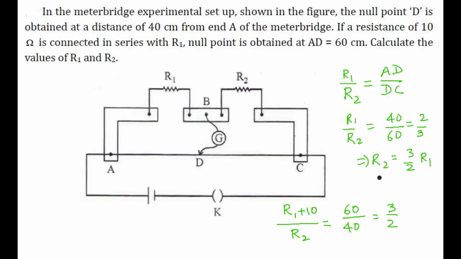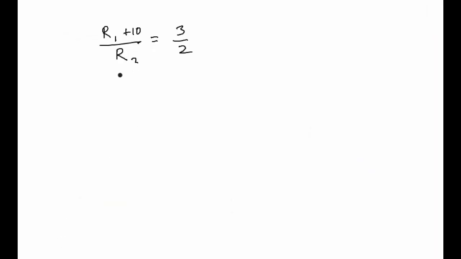So what we obtain is that R1 plus 10 upon R2 is equal to 3 by 2. And here we saw that R2 is equal to 3 by 2 R1. So we will replace this R2 by 3 by 2 R1. So R1 plus 10 upon 3 by 2 R1 is equal to 3 by 2.